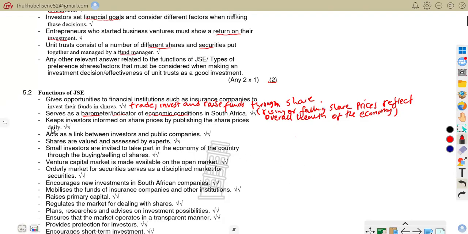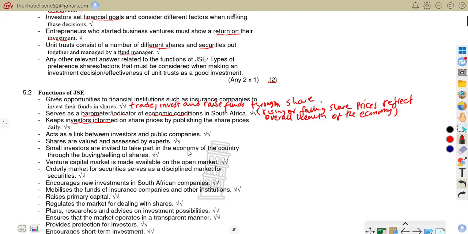Also, another function of the Johannesburg Security Exchange is that it keeps investors informed on share prices by publishing the share prices daily. So it keeps investors informed on share prices.